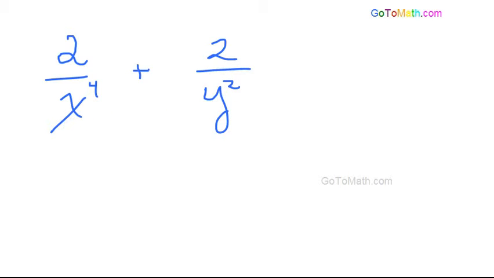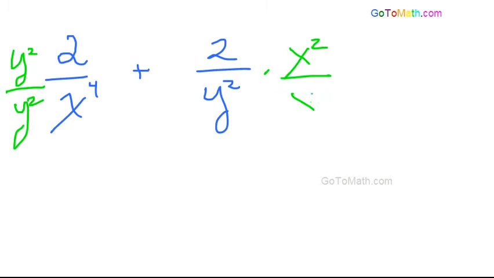And the way we're going to do this is, if I multiply this side by y squared over y squared, right, and then multiply this side by x squared over x squared, now we have a common denominator. And that's going to be y squared times x to the fourth, or you could say however you want to say that, but I guess that's the way I'll write it out.